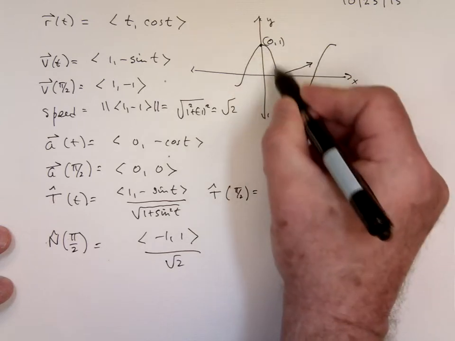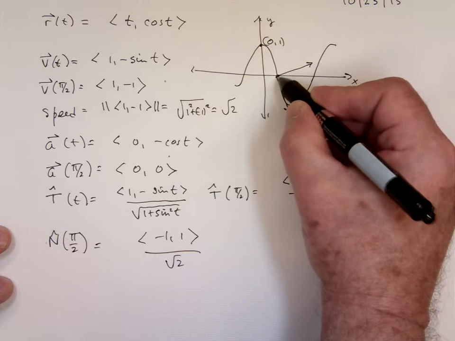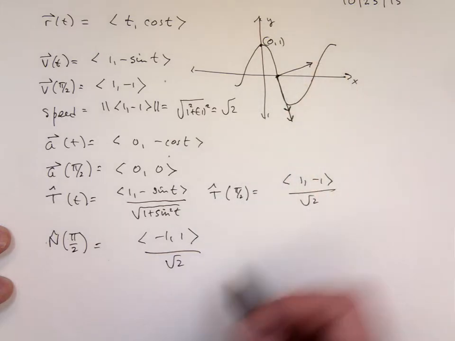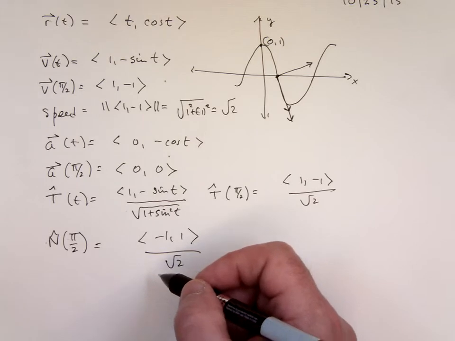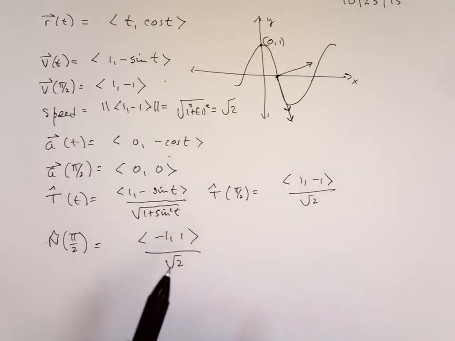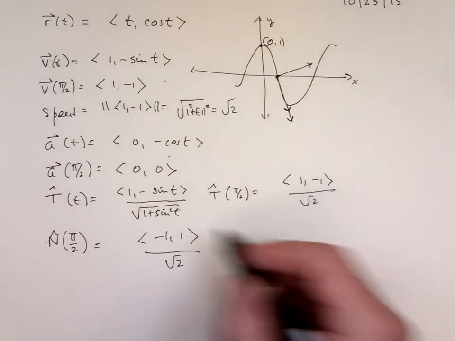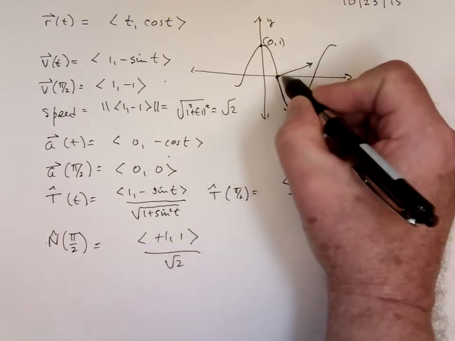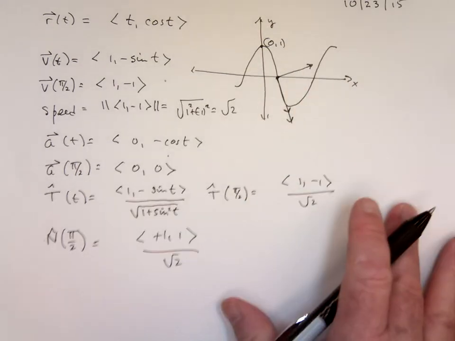When you're coming down here, these vectors are pointing inward, and when you hit here, it switches. So you can take the opposite of one of these, and the only one that gives you a unit vector here that's either this or this is D. So if you take the opposite of this, you're taking this vector here, the one pointing this way. And that's the answer that you need.